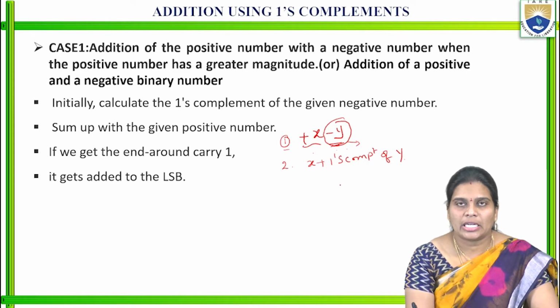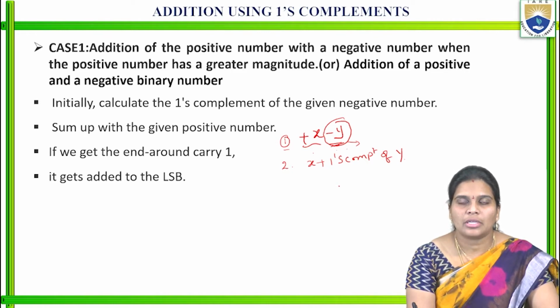After getting the result, if we are having the carry, that carry will be added to this LSB bit. So that carry is called the end around carry. So adding that carry to this LSB bit, then we are getting the result.